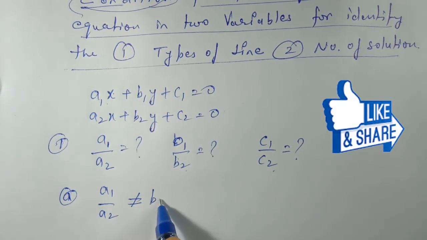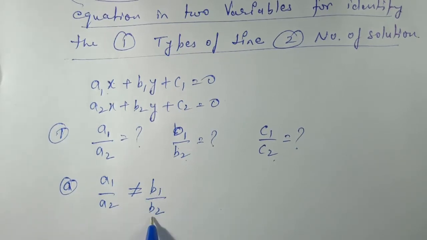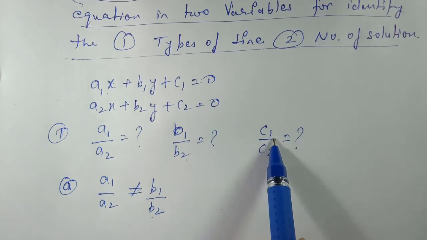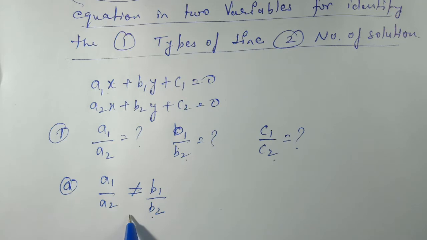They may be equal or may not be equal. If the first two ratios are not equal, then we don't have to compare the third one. According to this, we can identify the type of line and the number of solutions.